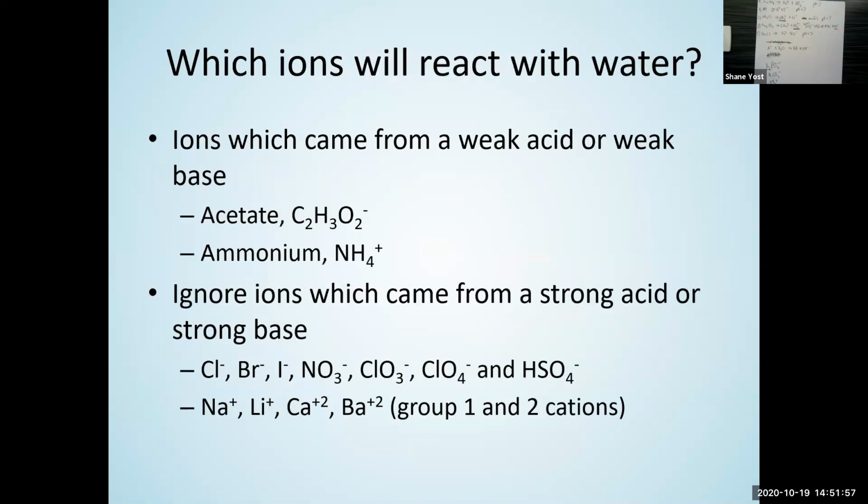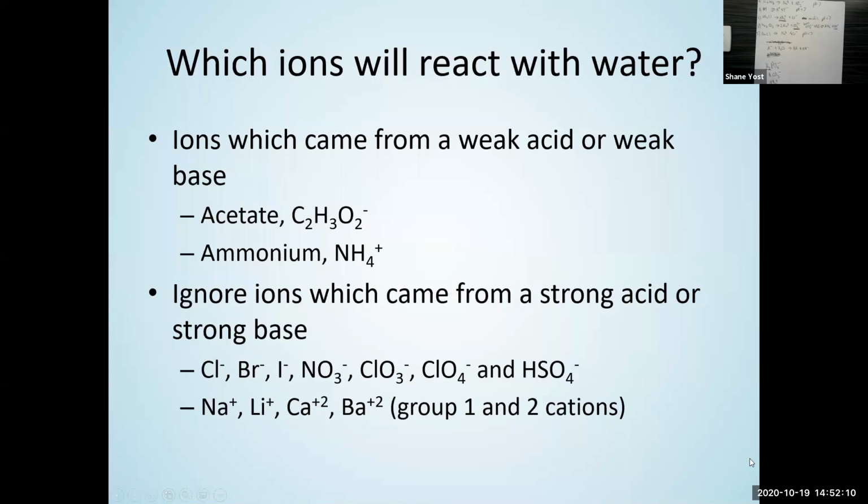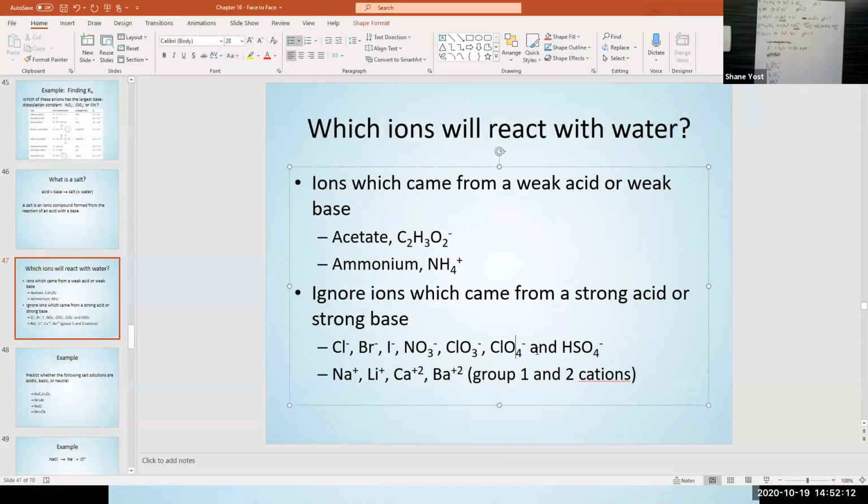Basically, go back to this slide. Right? So ignore HSO4 minus here. But I guess I can write out some stuff. There's the cursor, right? So let's ignore this real quick.